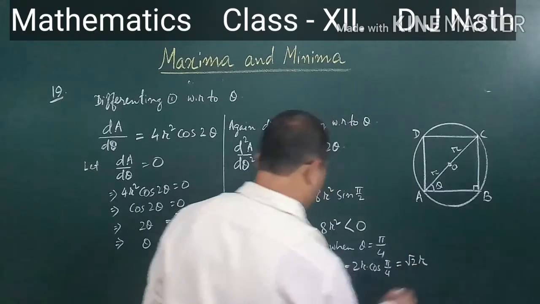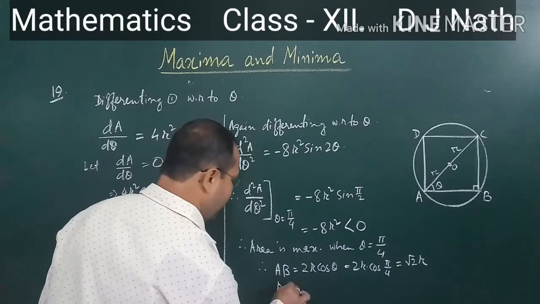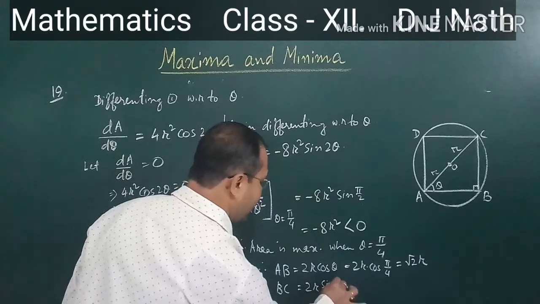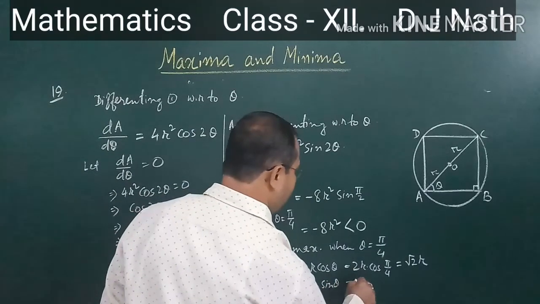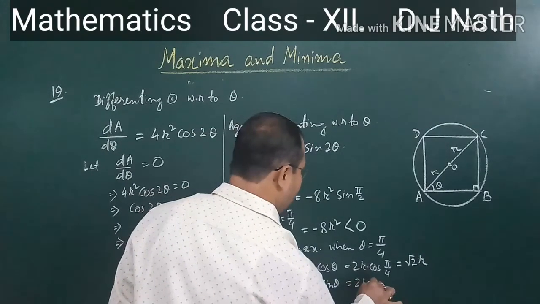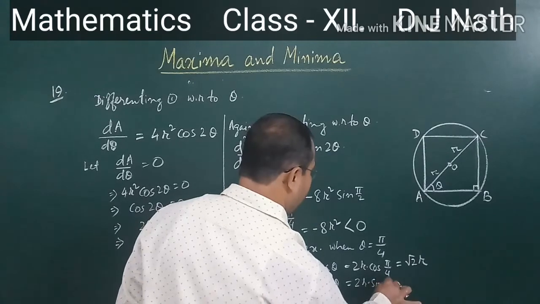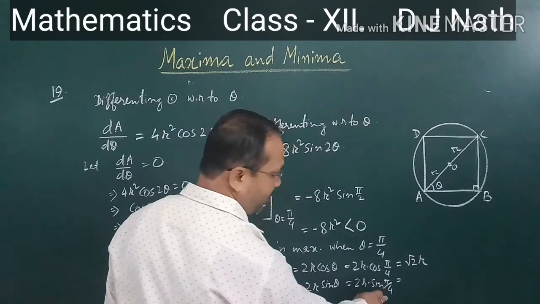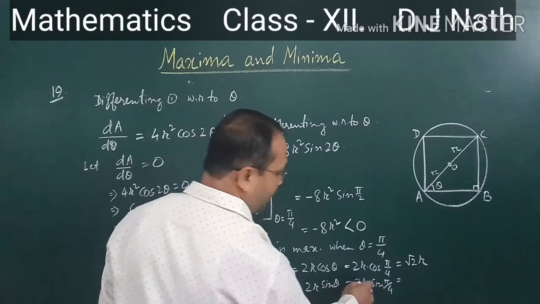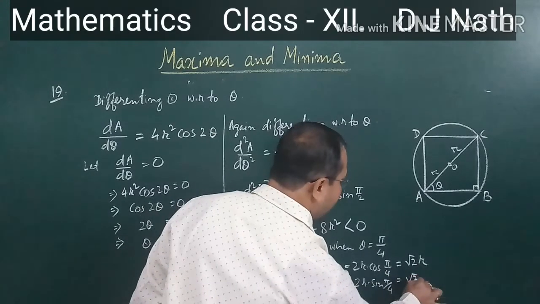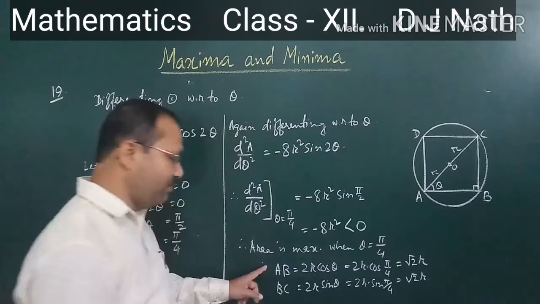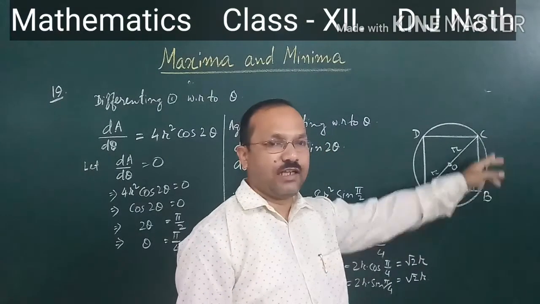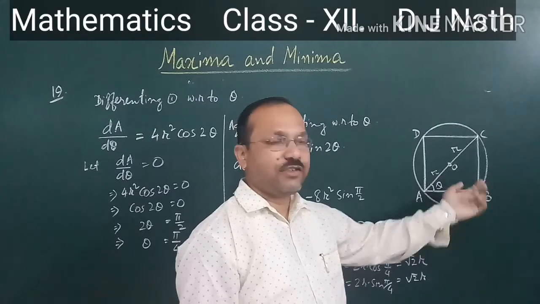And BC is equal to 2r sin theta, which is 2r into sin pi by 4. Sin pi by 4 is also 1 by root 2, so it becomes root 2r. Since AB and BC are equal, adjacent sides are equal, the rectangle is a square.